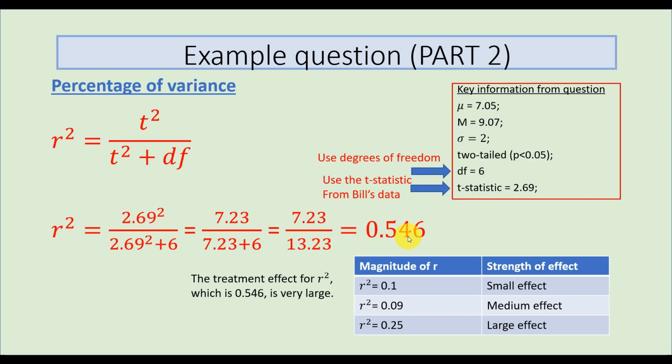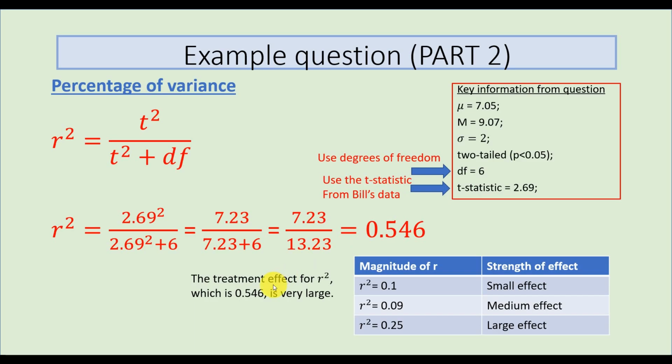And once again, like Cohen's d, you would need to find a percentage of variance table in order to interpret how strong of an effect we have. Here the result is 0.546, which is actually very strong, and you can see within the table anything above 0.25 is quite a large effect, and we have doubled that.